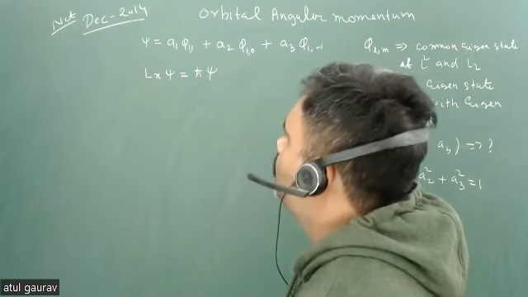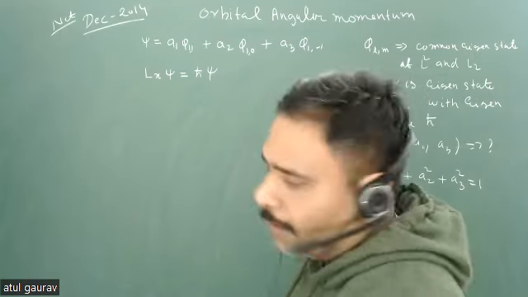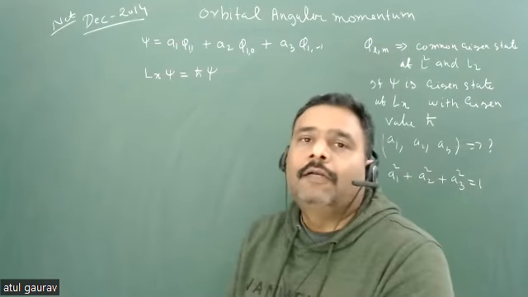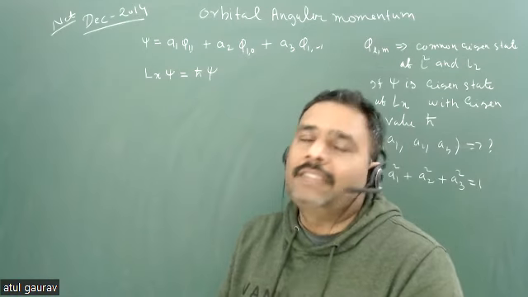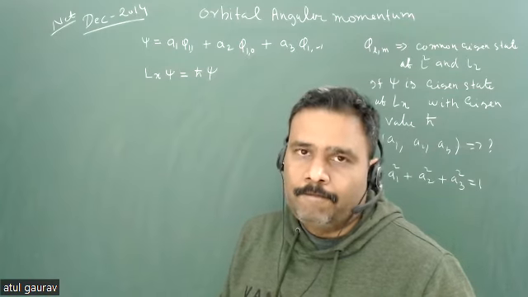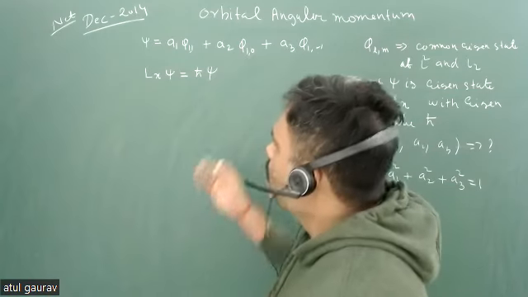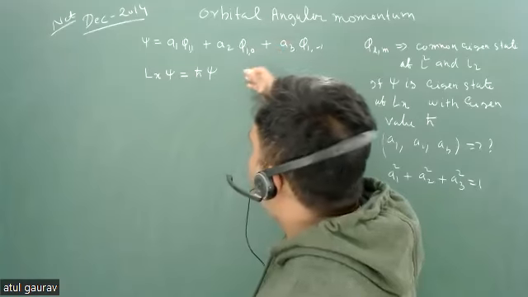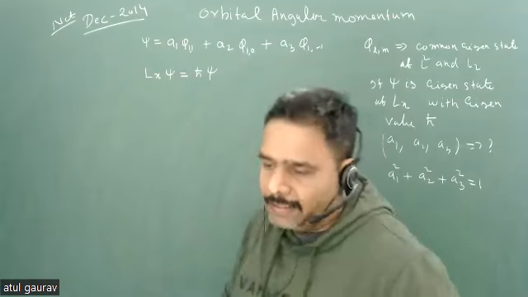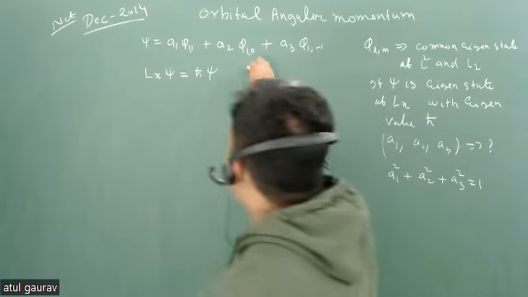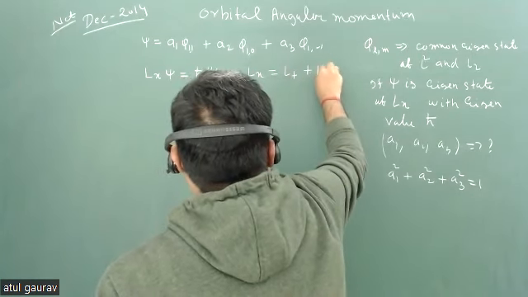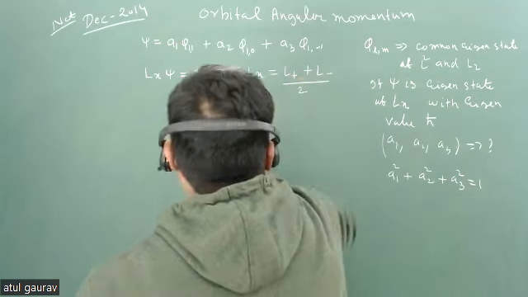Now, how should we proceed? If I am talking about Lx, I don't know anything about Lx individually unless we know every story for L plus and L minus. Are you people agreed or not? Yes, because we have learned the properties of L plus and L minus only to know all the properties of Lx. So my Lx is equal to L plus plus L minus by 2.